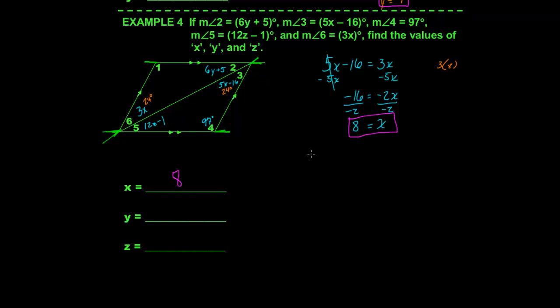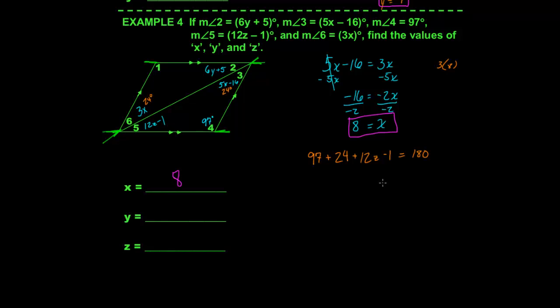So we know that we have 97 degrees, which we don't need the degrees to solve this. We have 97 plus 24. Those are these two angles, 3 and 4. Now our angle 5 is 12z minus 1. We know that the interior angles of a triangle equal 180.